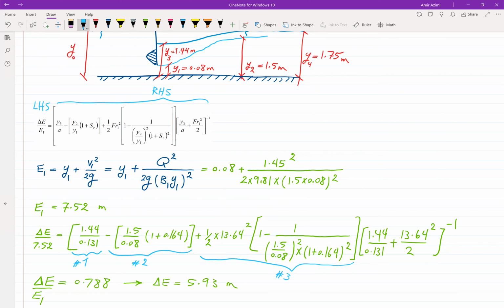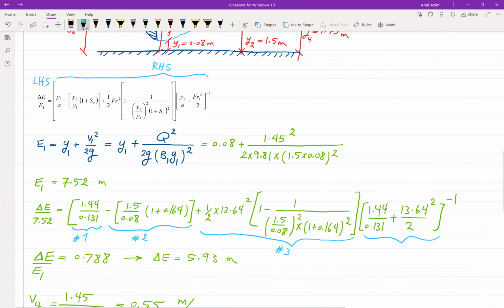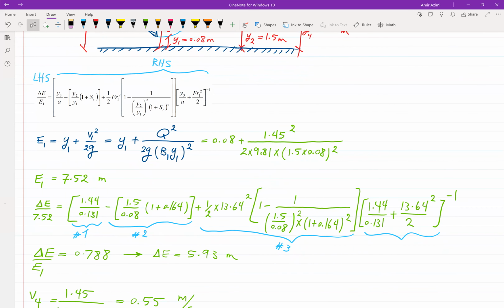You can separately calculate them, then calculate this part, and then multiply by the minus and then plus here. If you do the calculation, you will find that the energy loss ratio is 0.788, and the energy loss is equivalent to 5.93 meter.